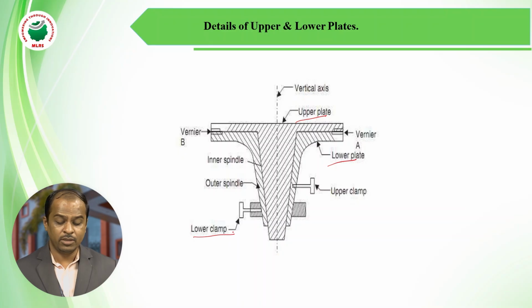After that, rotating the instrument, the upper plate will rotate with respect to the lower plate's position. After clamping the upper plate, both the leveling head and spindle attach to each other. After that, we can get the reading at the vernier.